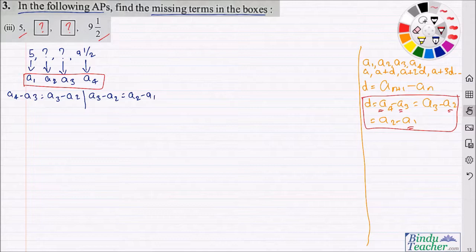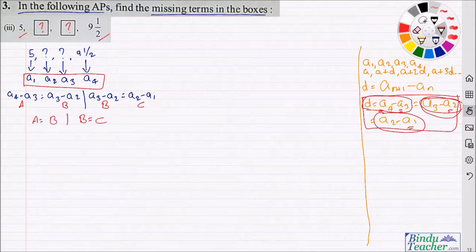You see we took two pairs, right? We took first this and this, and then again this and this equation. But now there is a pattern here: if we say A4 minus A3 is A and A3 minus A2 is B, again here you have A3 minus A2 which is also B, and here you have A2 minus A1 which is equal to C. So this is of the form A equal to B and B equal to C. We know that if A equals B and B equals C, then A is equal to C, correct?